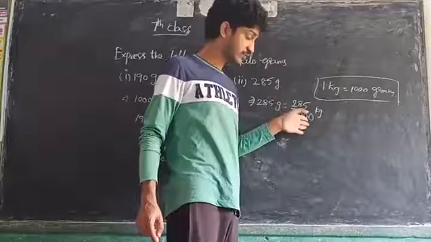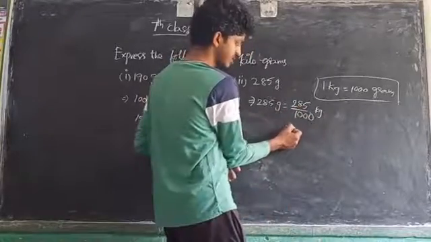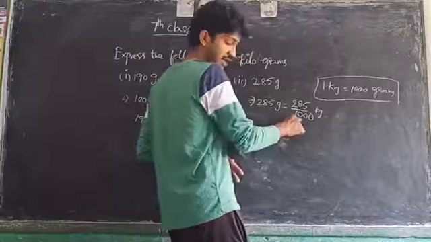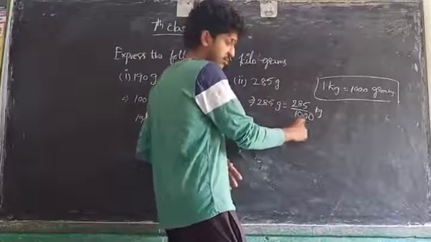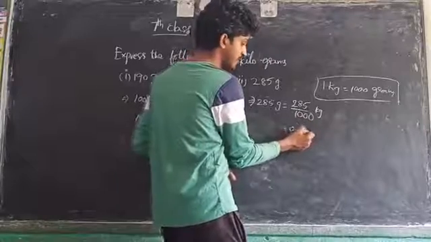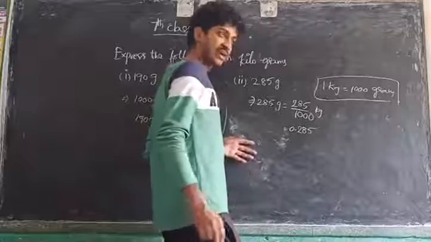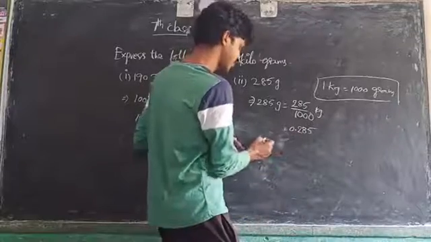That's why it could be converted into kgs. Now 285 divided by 1000 is 0. Here 3 zeros in the denominator. 1000 has 3 zeros, so after the point we have to write 3 digits. So 0.285.